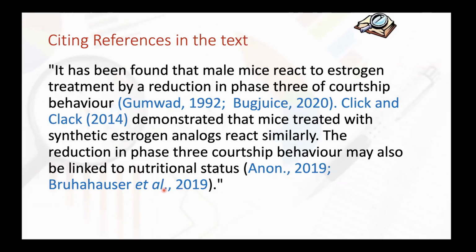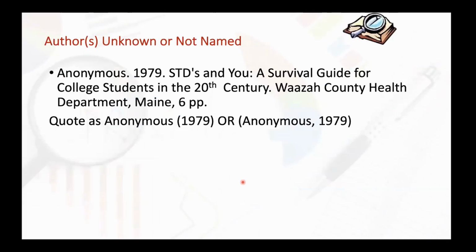That indicates that it is not a full word. That means when you use et al., it should be followed by a full stop. If the sentence continues, then you can put a comma. This is something you have to remember. So this is the way in which the references are cited in the text.